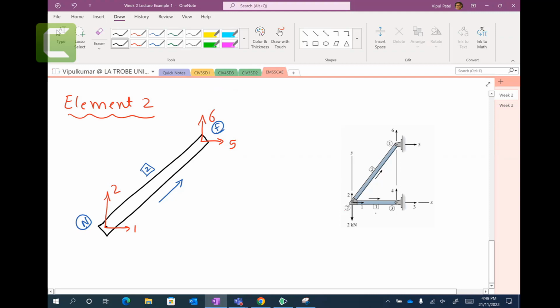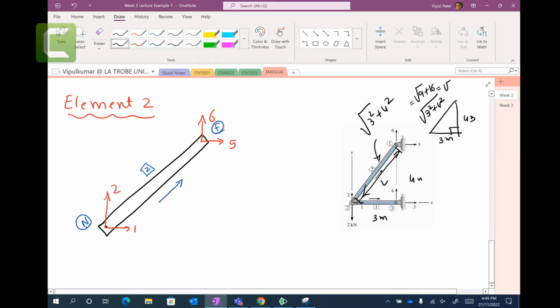I think this is Pythagoras theorem because this is 3 meters, 4 meters. If I want to calculate this length, 3 squared plus 4 squared, which is 9 plus 16, which is square root of 25, which is 5. So the length is 5 meters. Coordinate 0, 0.